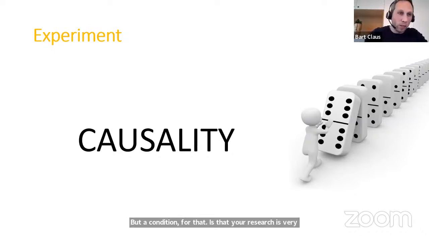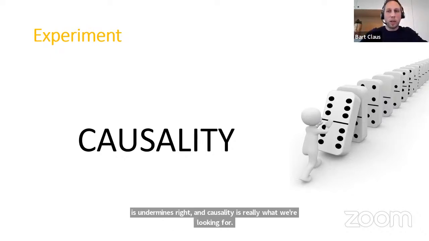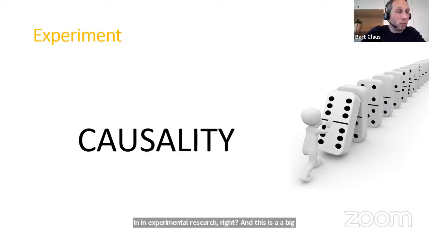That there are no flaws in the way that you set up your experiment, because if there are, then this causality is undermined, right? And causality is really what we're looking for in experimental research, right? And this is a big difference with other research designs, right? For example, with cross-sectional data, it is much more difficult to make conclusions about causality, right?